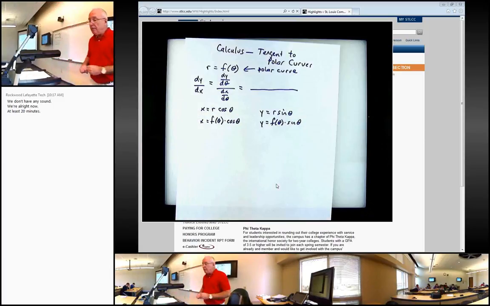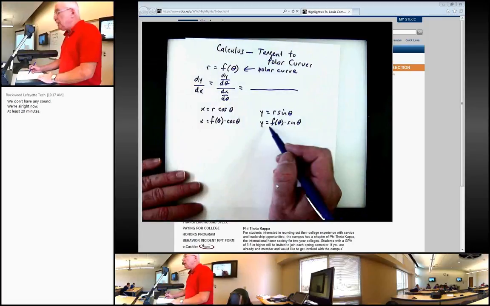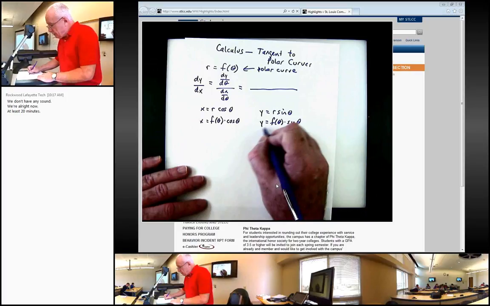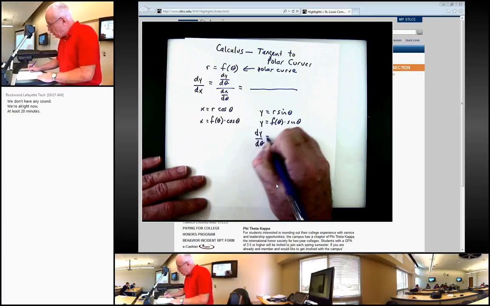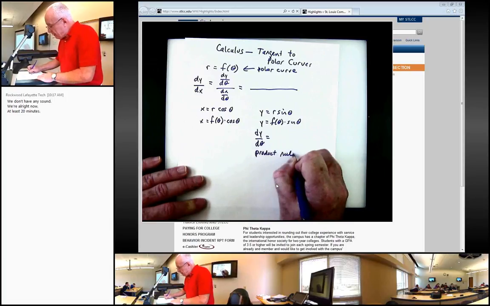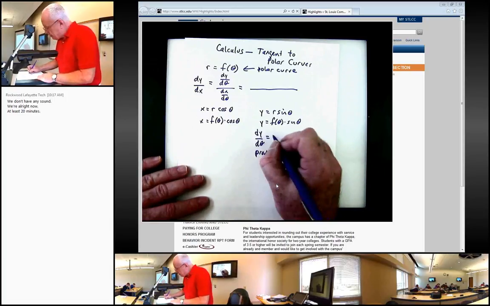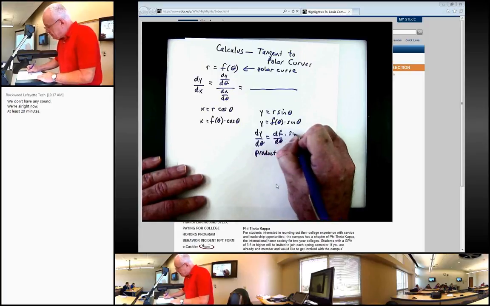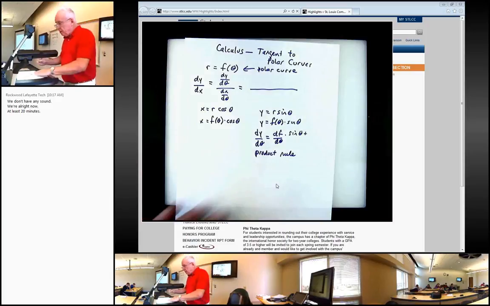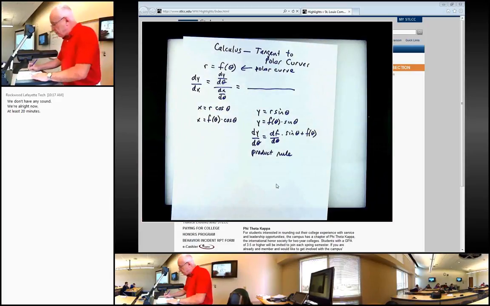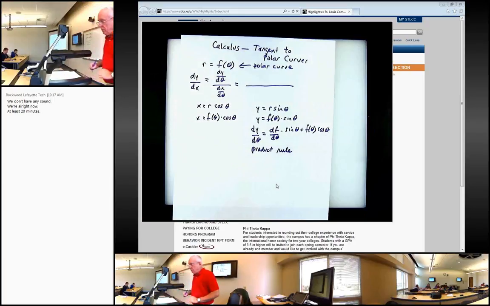What we're going to have to use here is the product rule. In fact, let's do it right down here. dy d theta, got to use the product rule. It's going to equal df d theta times the sine of theta plus f of theta times the derivative of the sine, which is the cosine of theta.